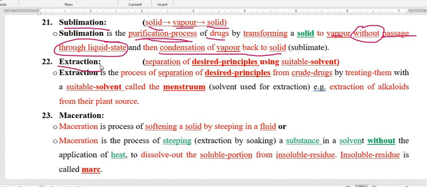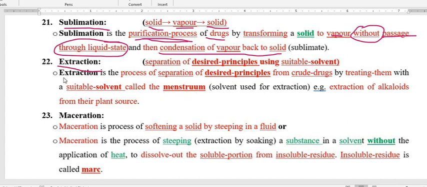We keep the plant powder, or the plant as such, in a solvent, so the substances that are soluble in the solvent get dissolved, and the solution we get with the soluble drug in the solvent is called extraction.